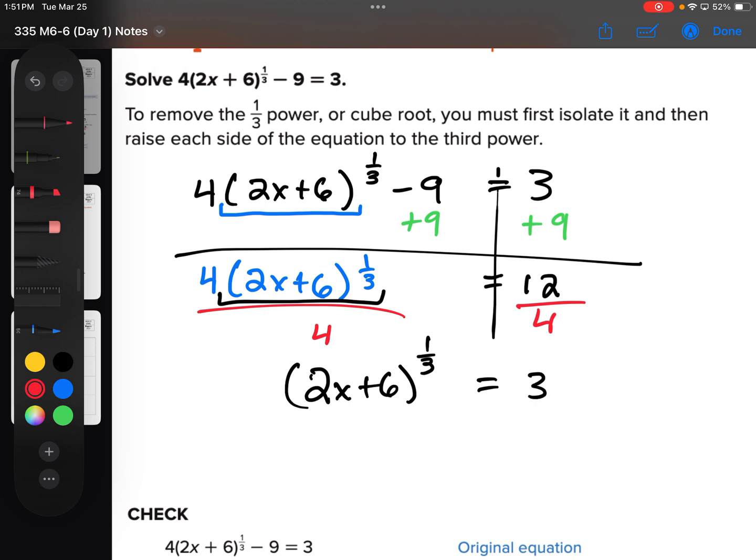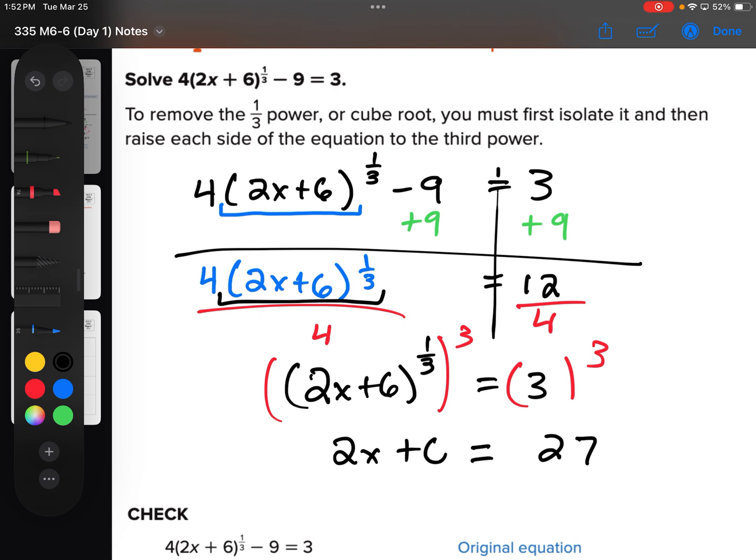Then that's when you do to the power of 3 on both sides. And 3 to the power of 3 is going to be 27. So then you can solve it for x.